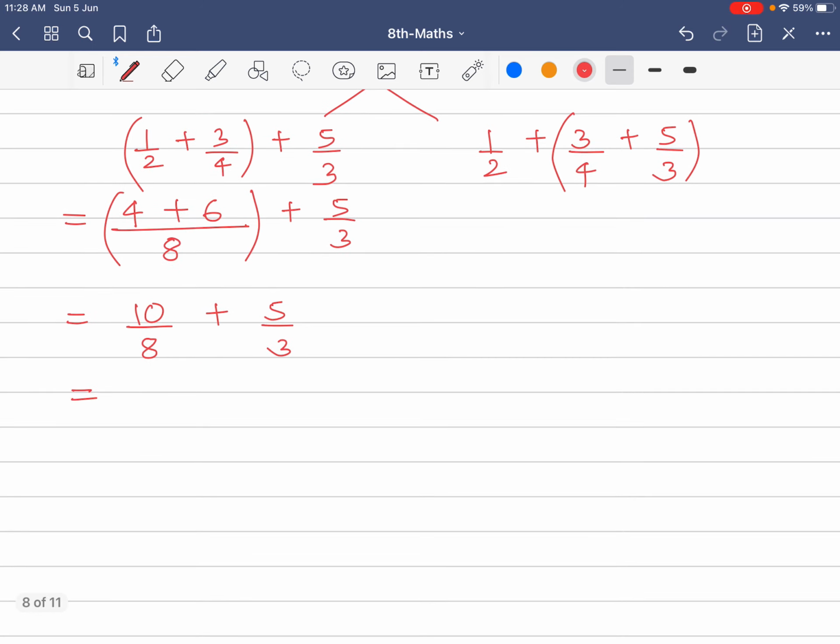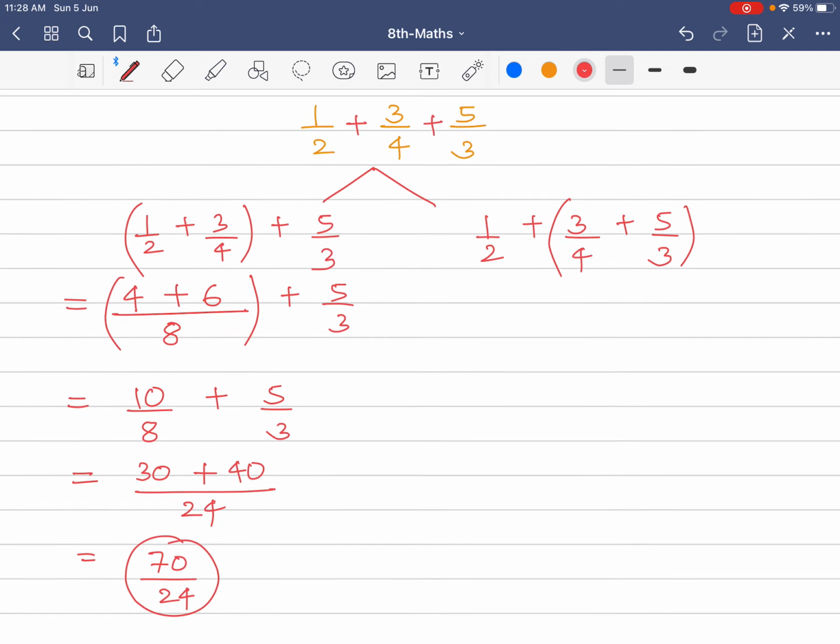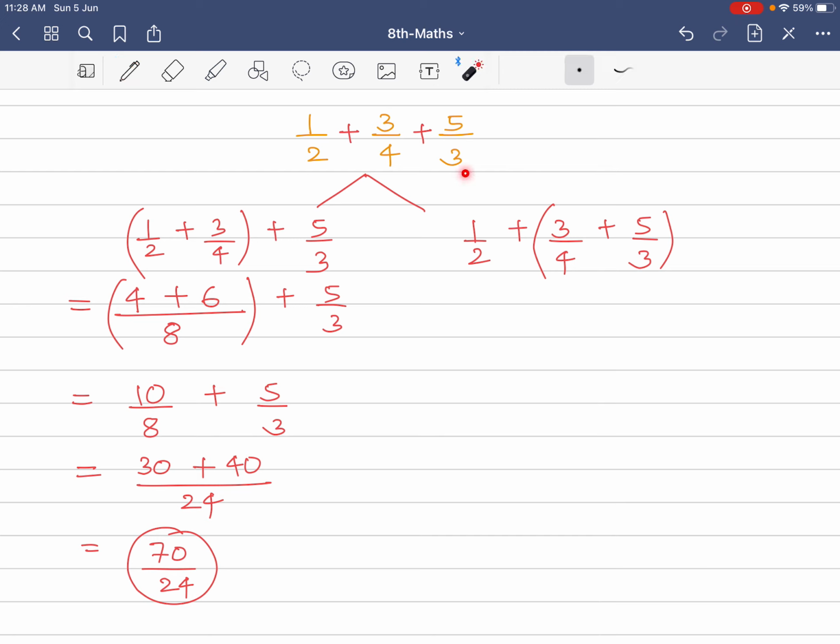So 10 into 3 is 30 plus 8 into 5 is 40, the whole divided by 8 into 3, which is 24. Okay, we know how to add two rational numbers, and now that is equal to 70 divided by 24. So this is my answer when I'm solving this example by associating the first two rational numbers.